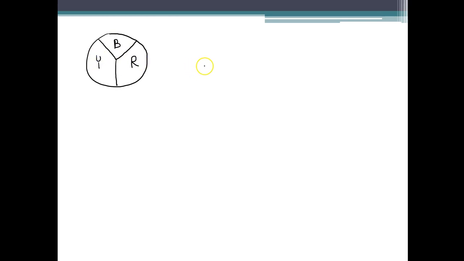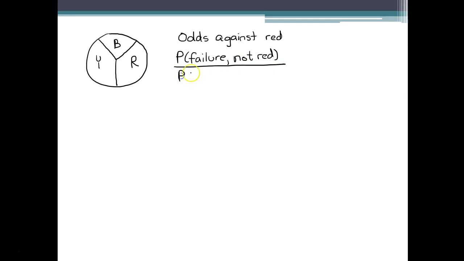And we want to figure first the odds against landing on red. So we need probability of failure, not red, because odds against is over probability of success, red.